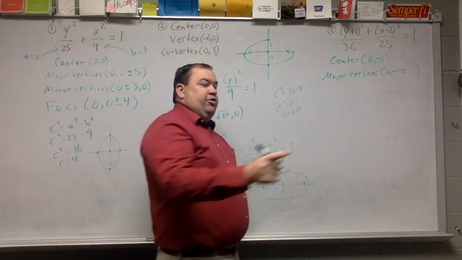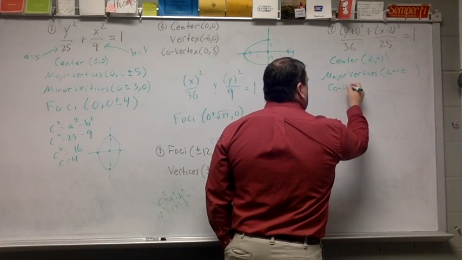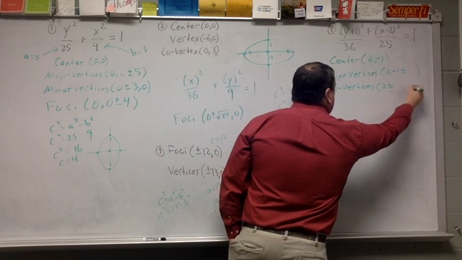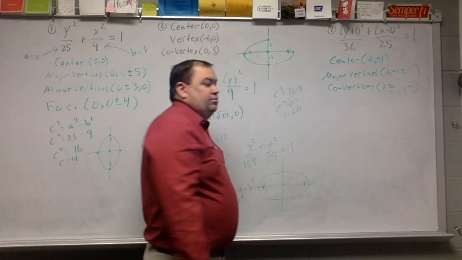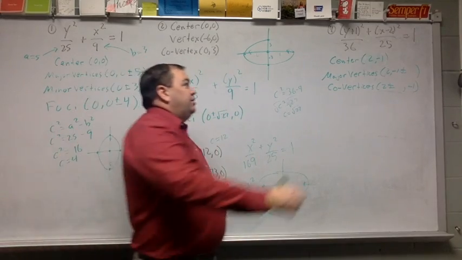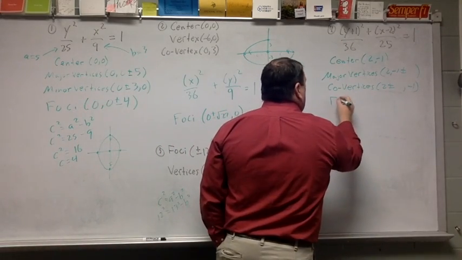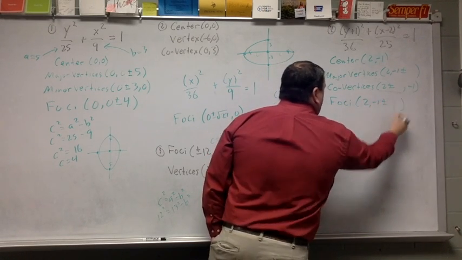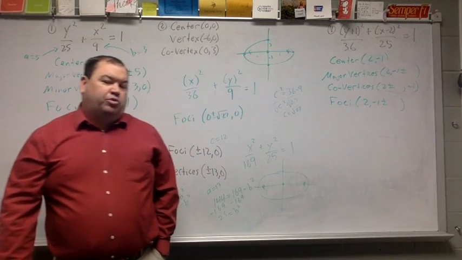That means my minor or my co-vertices is going to have something to do with the x portion. And my foci, since y is in charge, I'm going to have to add and subtract something to the y portion.